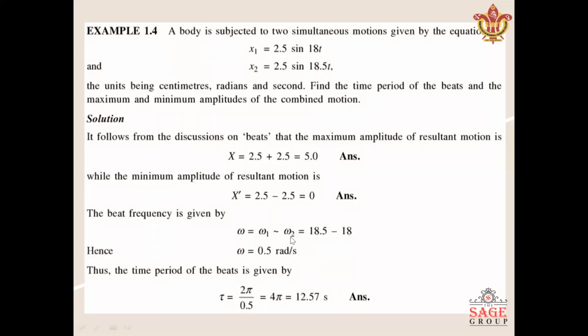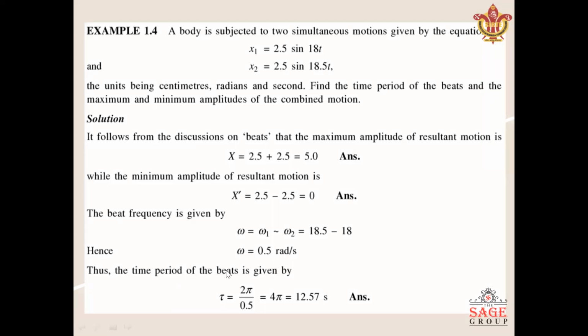Here omega 2 is larger and omega 1 is smaller as compared to the equations. So 18.5 hertz minus 18 hertz is the difference in frequency, and this is the frequency of the beat. This difference is again represented by omega, and it is 0.5 radian per second.